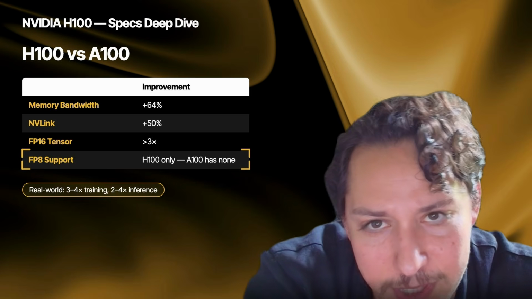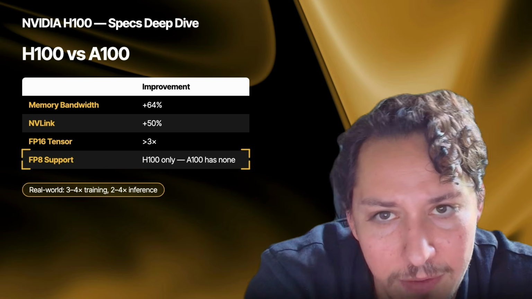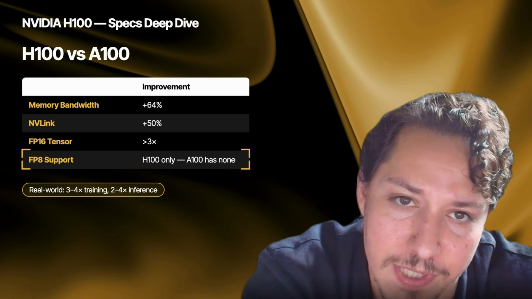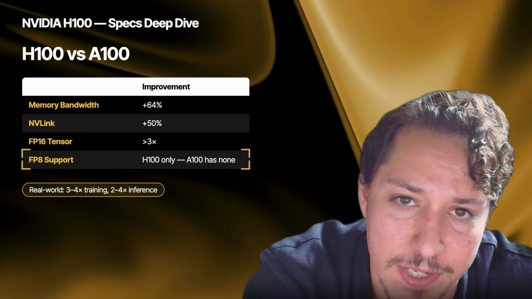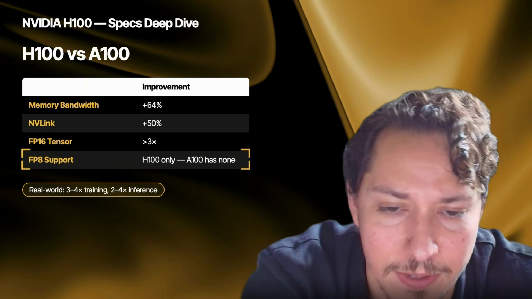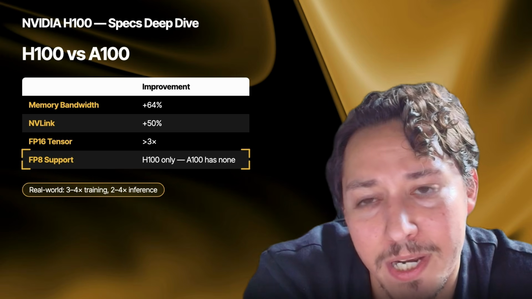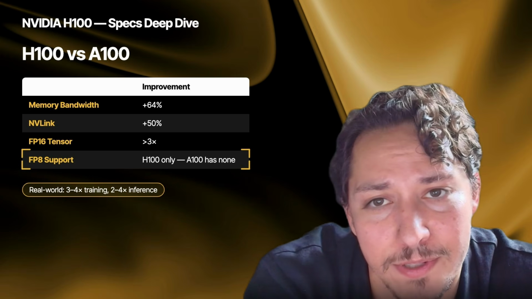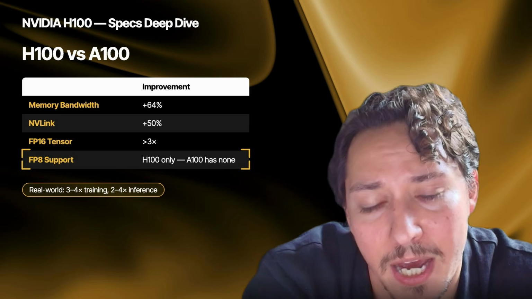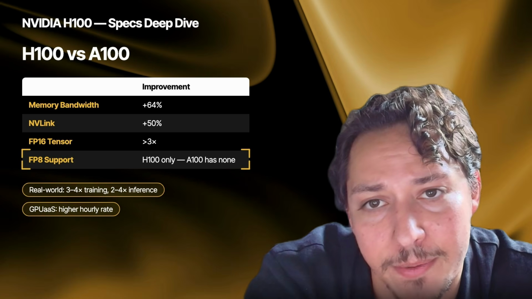That lines up with what you see from buyers running both. And we have a dedicated H100 versus A100 video if you want to see the full breakdown. Link will be in the description. But just know, if you are running an H100 as a GPU as a service provider, you will get a higher hourly rate than A100.